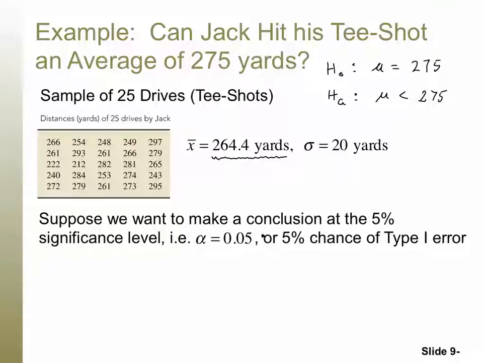So at the 5% significance level, alpha is 0.05. We have a 5% chance of a type 1 error. Okay? So here's our 275. At the 5% significance level, this area over here is going to be 0.05, and that's alpha.